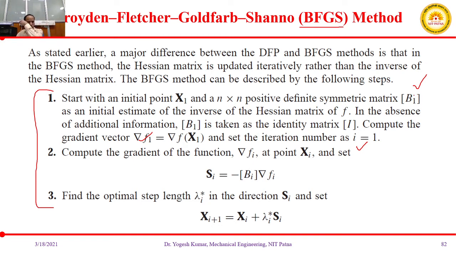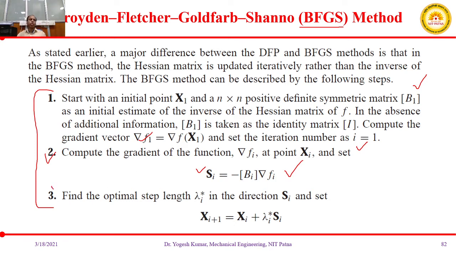After that you set iteration number 1 and follow the steps like the previous DFP method. You find the search direction, given by Si equal to minus Bi into gradient of Fi. These steps are more or less similar to the previous method.